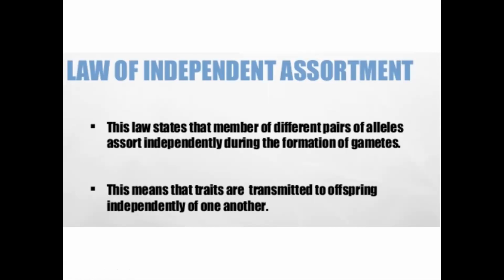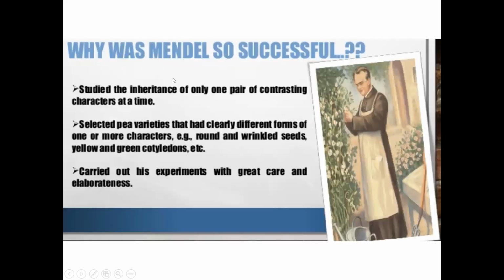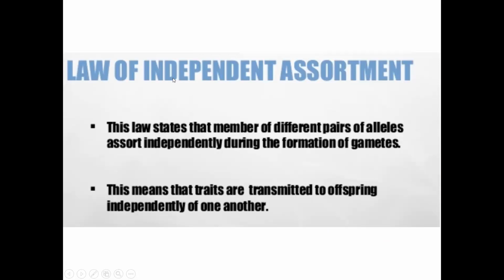Independent assortment means, from the term itself you can see, independent means the process is not dependent upon any other character, but they can segregate out in their own way.